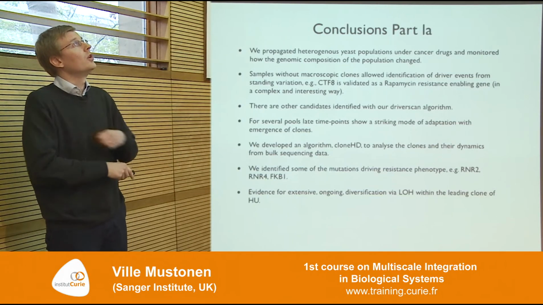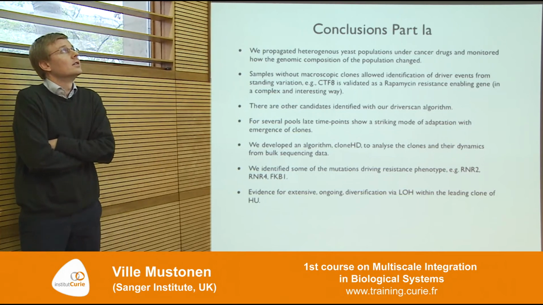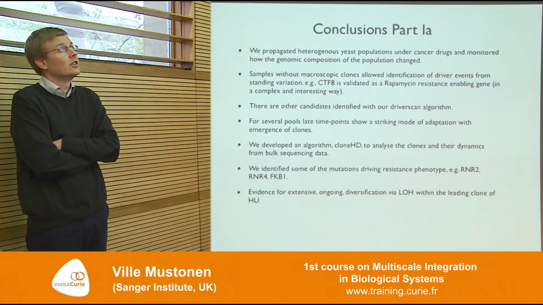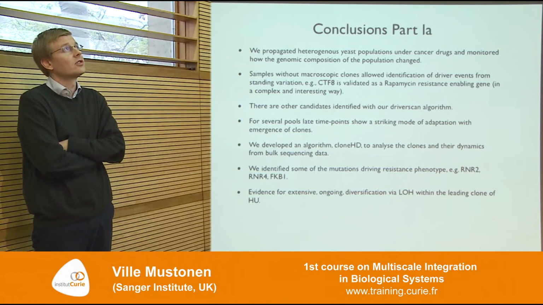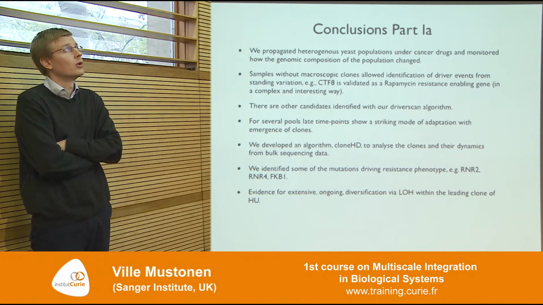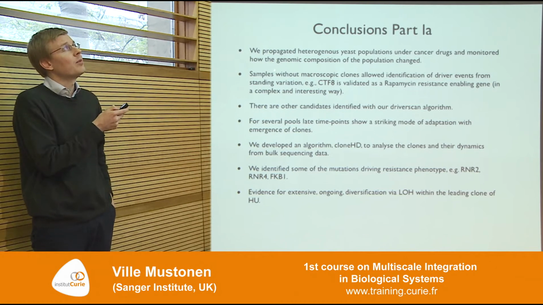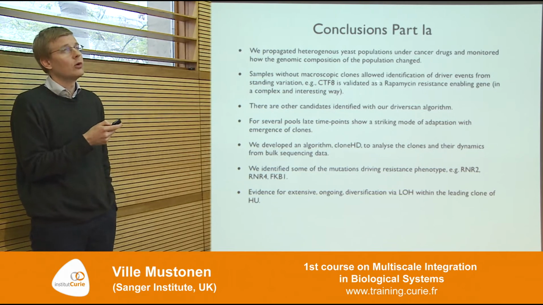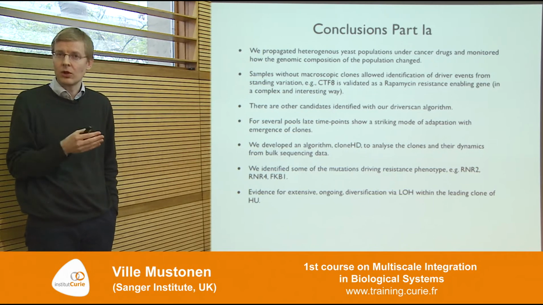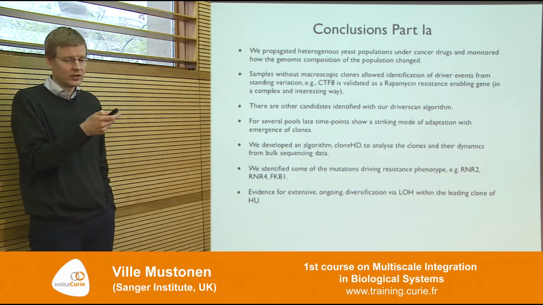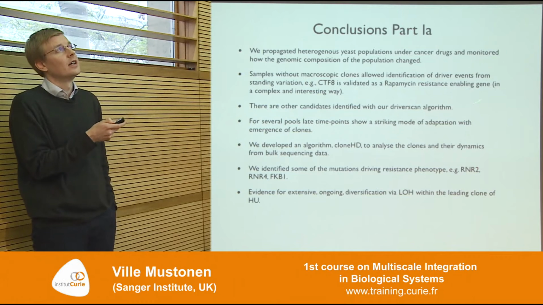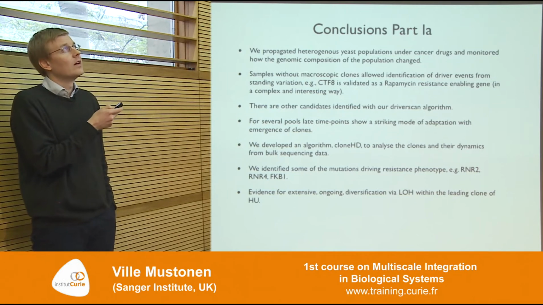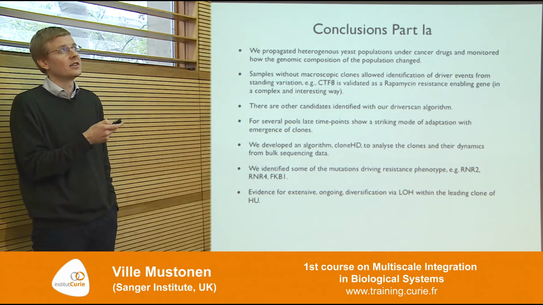Okay, so to conclude this part, we propagated heterogeneous yeast populations under cancer drugs, and we monitored this process by sequencing. And the samples without macroscopic clones, some pools all the way, and some pools, the early time points, can be used to identify alleles from the standing variation that give a resistance phenotype.